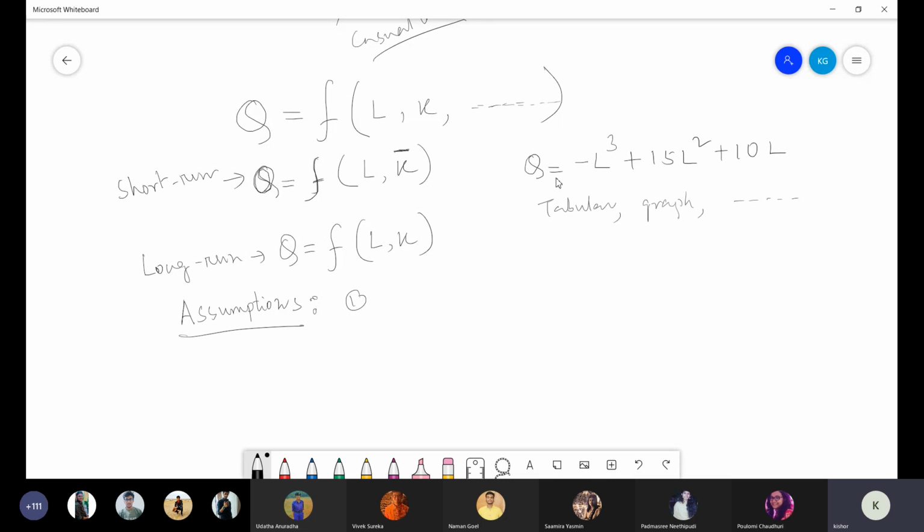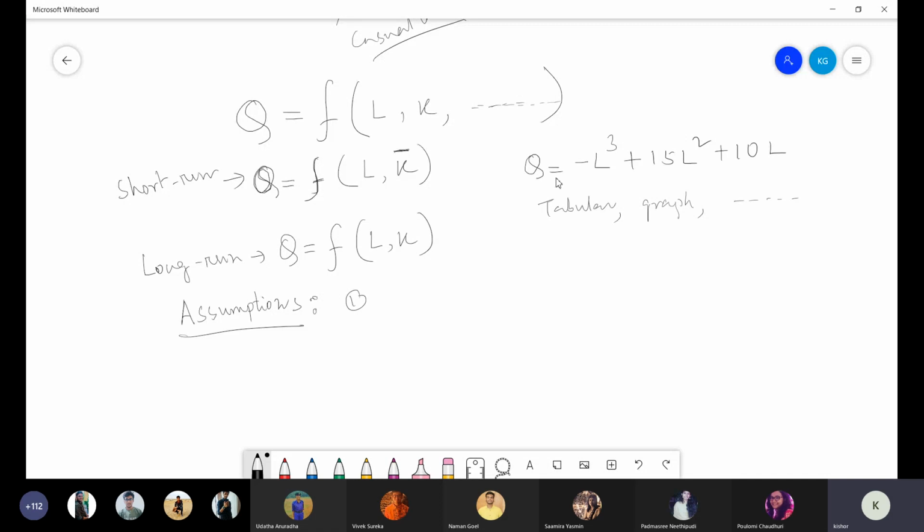Another is, during our discussion, like short run or long run, we assume that input price is given. Input price means what? Price for labor or price for capital, whatever it is. There is no change in input price during the process of discussion.